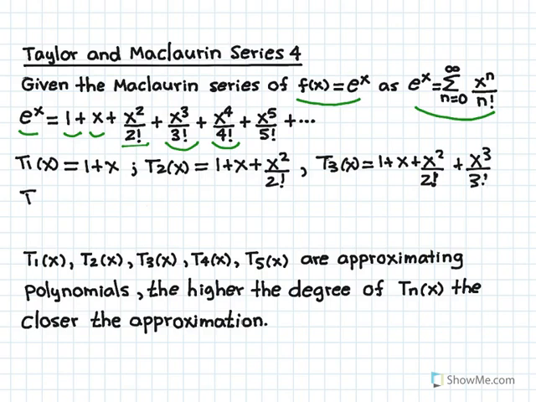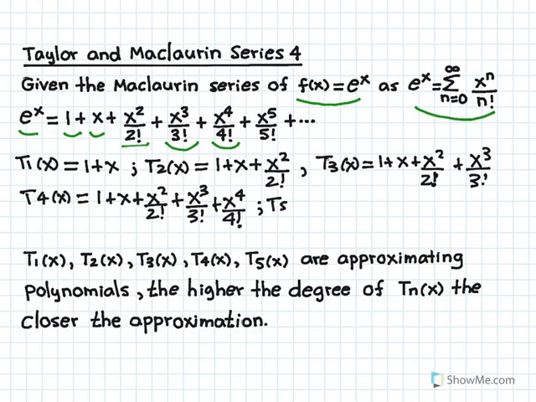And T4 of x is the sum of the first 5 terms. So we go up to the x to the power of 4 term. So 1 plus x plus x squared divided by 2 factorial plus x cubed divided by 3 factorial plus x to the 4 divided by 4 factorial. And similarly, T5 of x is a polynomial of degree 5.